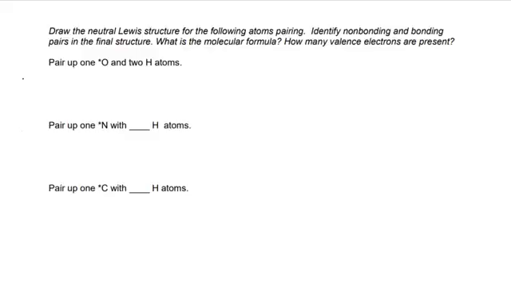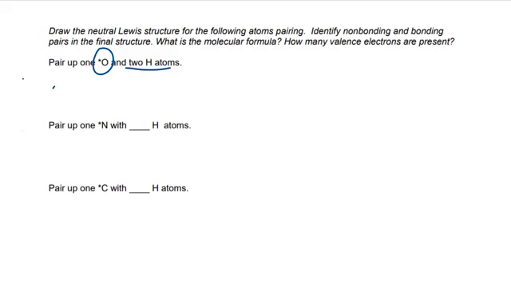So let's look at drawing neutral Lewis structures from the following atoms. We're going to identify non-bonding and bonding pairs, figure out what its molecular formula is, and how many valence electrons are present. So let's pair up 1 oxygen and 2 hydrogen atoms.